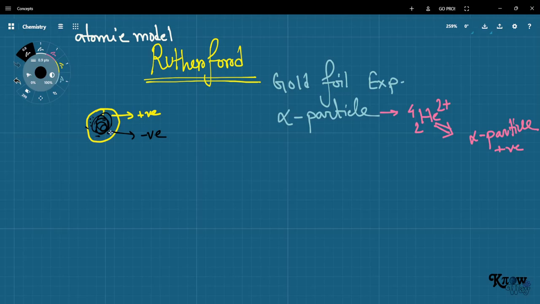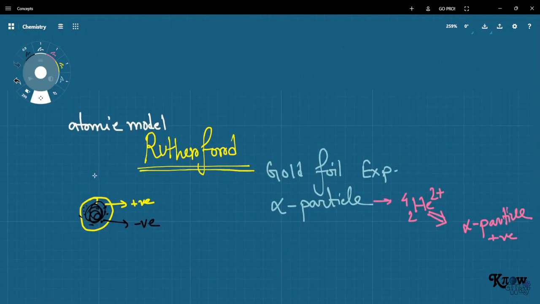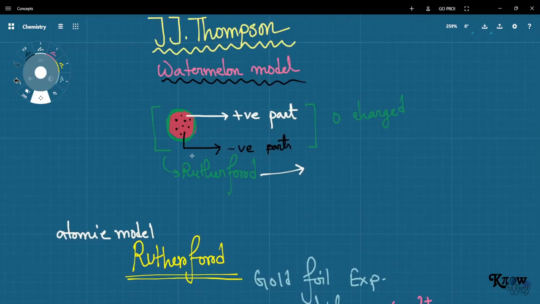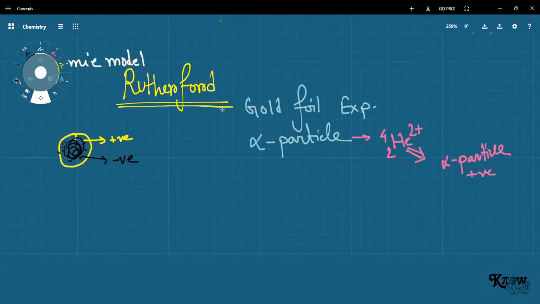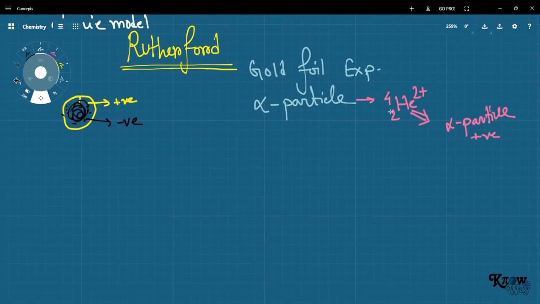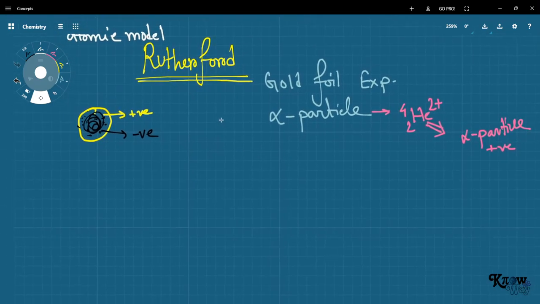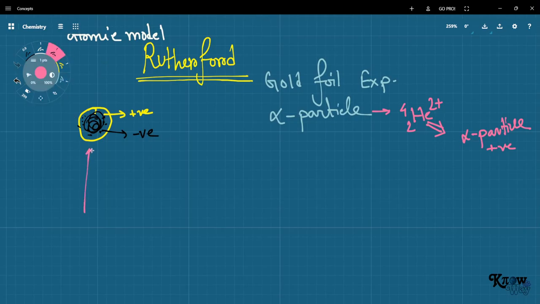That was told by J.J. Thomson in his watermelon model, where the red part is the positive part and the black part is the negative part. So he thought that if we strike this atom with an alpha particle, what will happen?